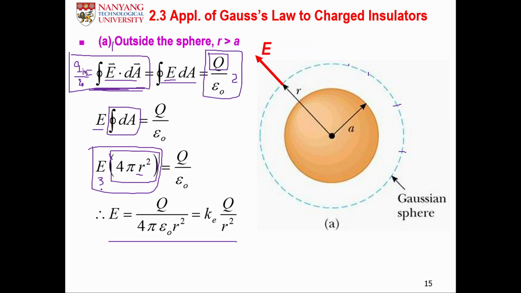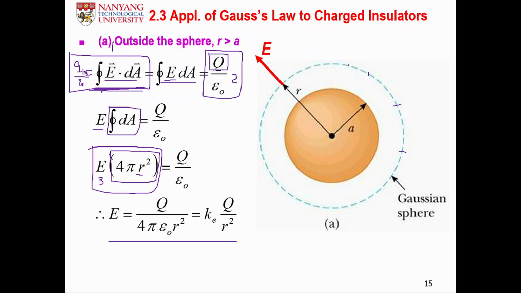And again, most likely you need to do some kind of simplification instead of directly doing the integration. Right. Steps 1, 2, 3, to apply Gauss's law to quantify the electrical field E.